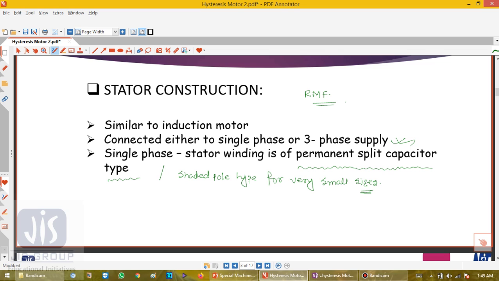So in this permanent split capacitor type, the capacitor is basically used to produce a uniform field. Okay.